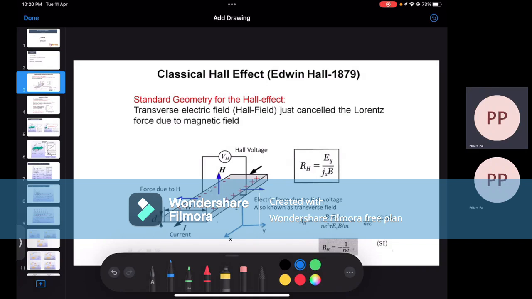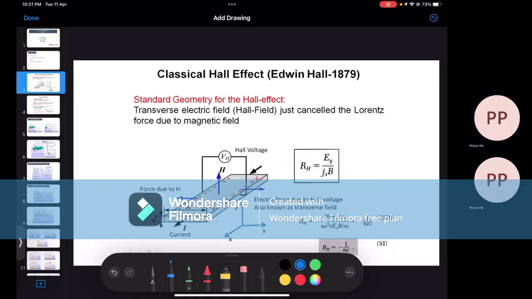So first we'll look at this. This is the standard geometry, as you know, for the classical Hall effect, to understand the phenomenon.